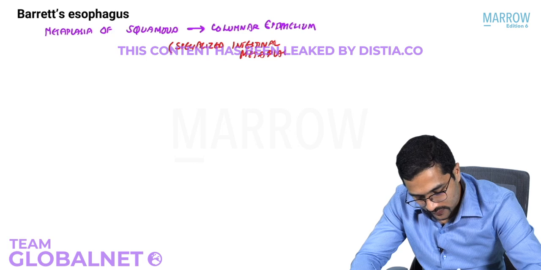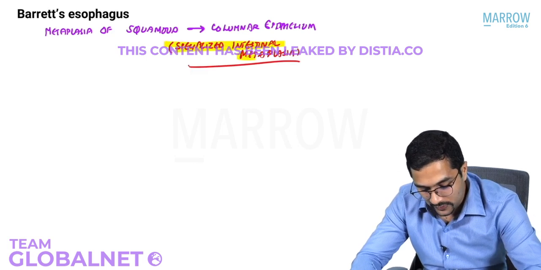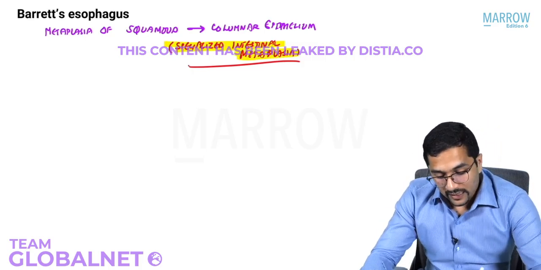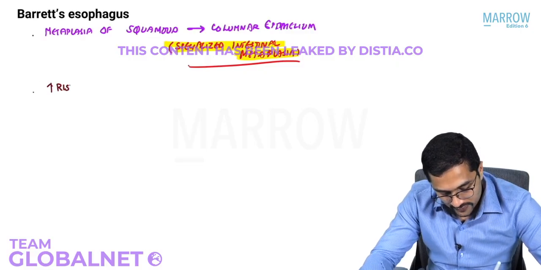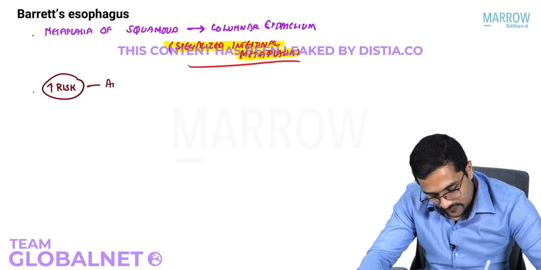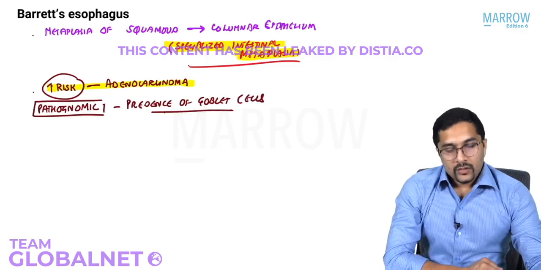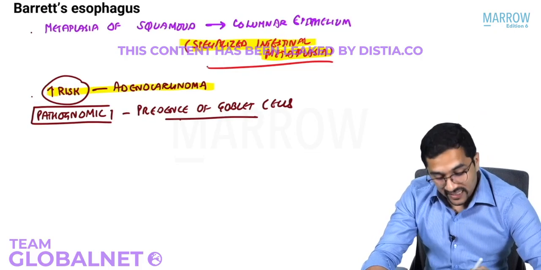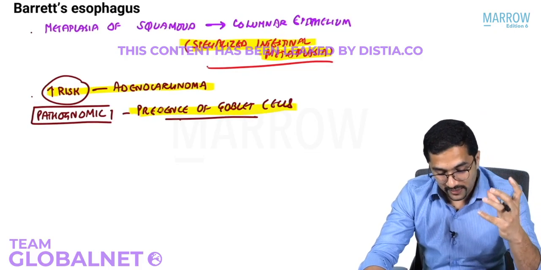So this is very important, and this can be seen in patients with long-term GERD. The significance of Barrett's is that this can increase the risk of adenocarcinoma of the esophagus. The pathognomic finding in Barrett's esophagus is the presence of goblet cells in the lining, and I'll show you a slide later on where these goblet cells are clearly seen.